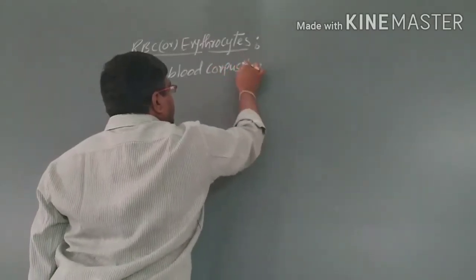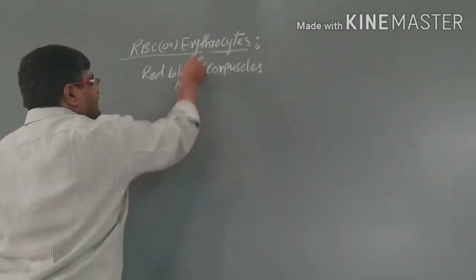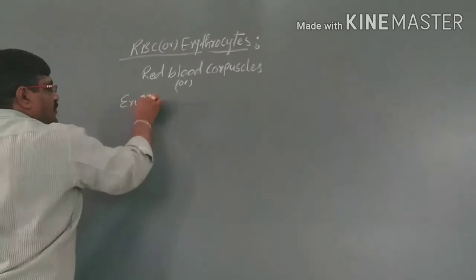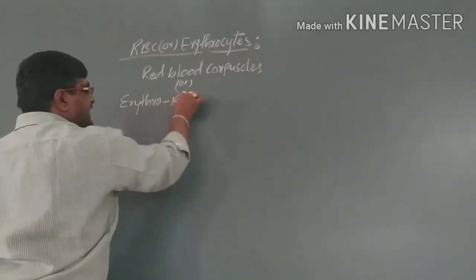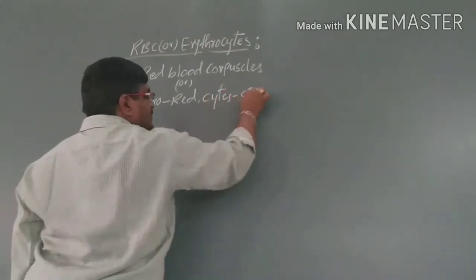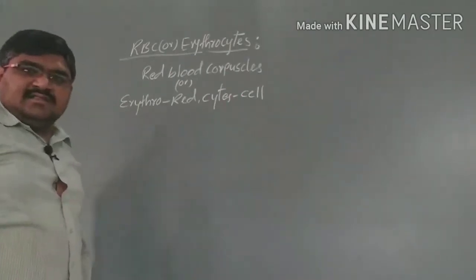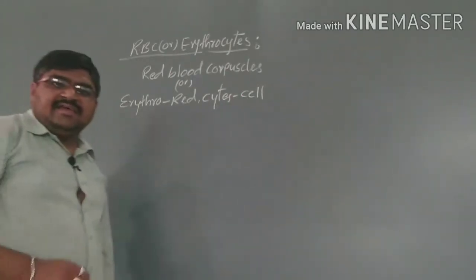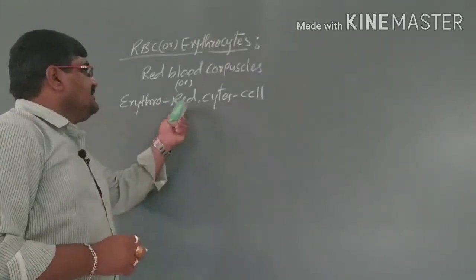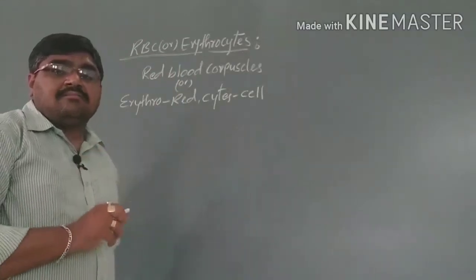Erythro means red, and cytes means cells. So the cells which are red in color are called erythrocytes, or red blood corpuscles.